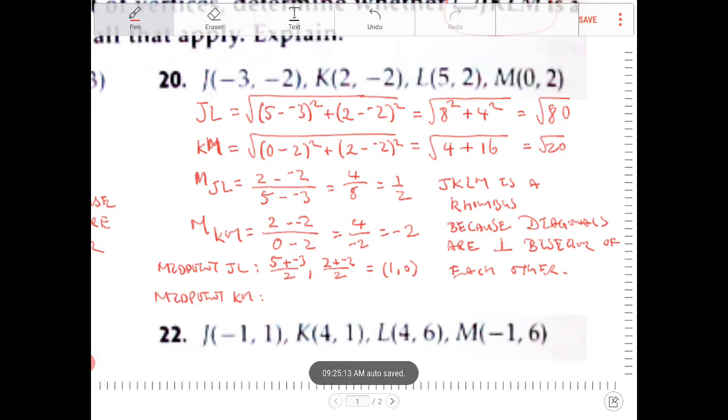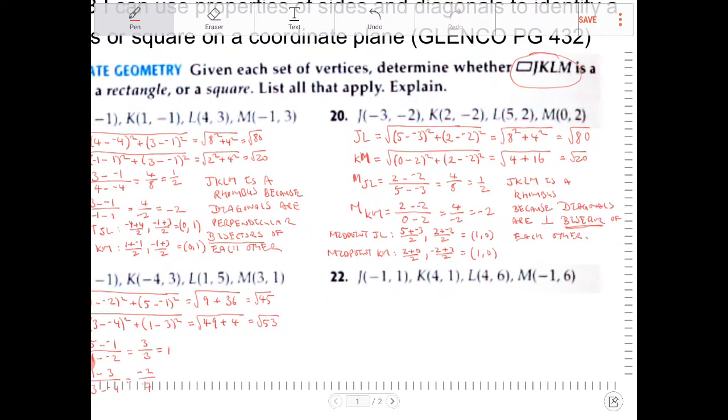And then for KM, it would be 2 plus 0, negative 2 plus 2 over 2. And that would be 1 comma 0. So yes, this is a perpendicular bisector. I forgot to do the bisector portion of the math.